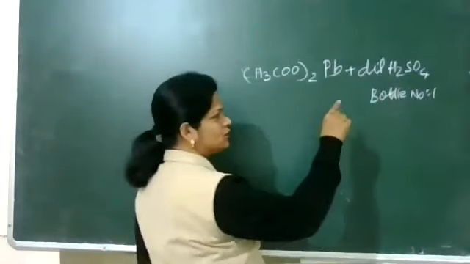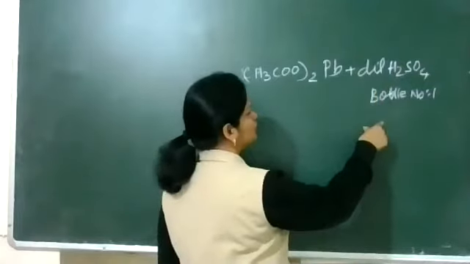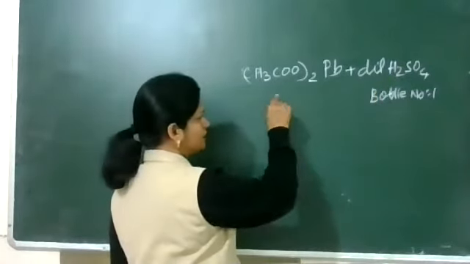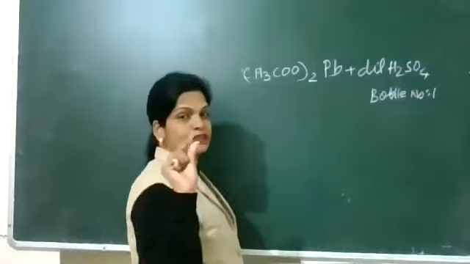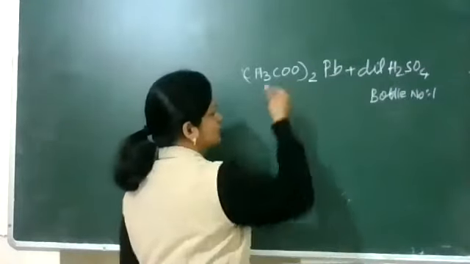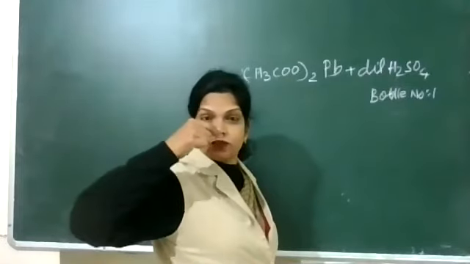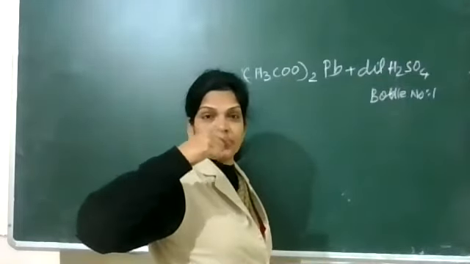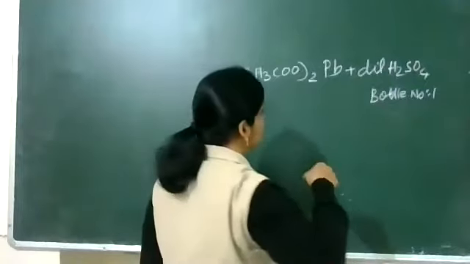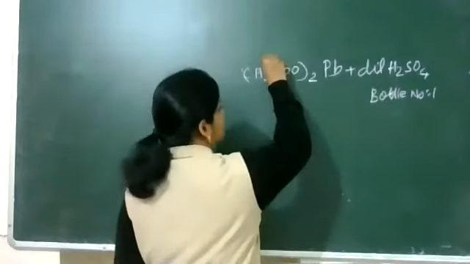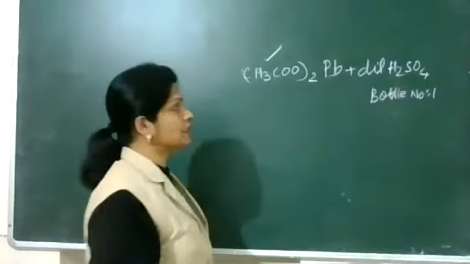So touch your fingers in dilute H2SO4, then with the same fingers take a pinch amount of lead acetate, rub it, and smell it. If you are getting a vinegar-like smell, that means your salt contains acetate.